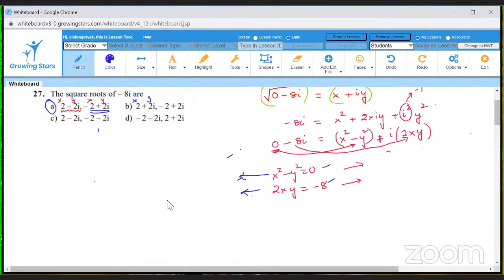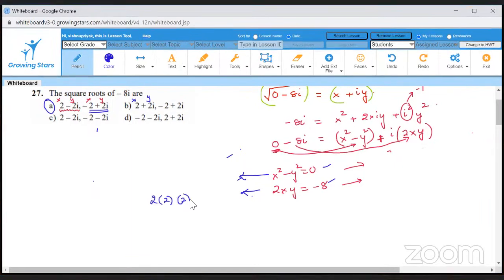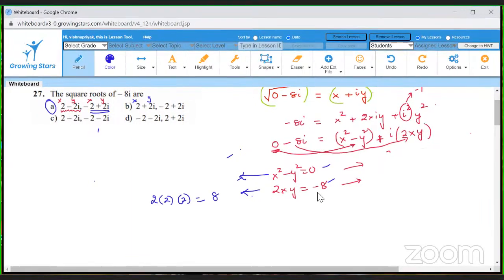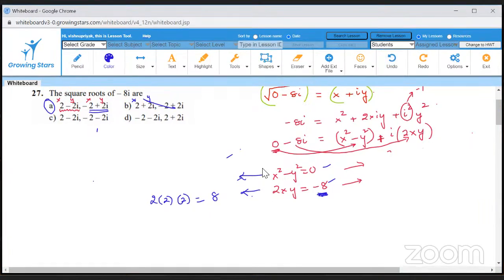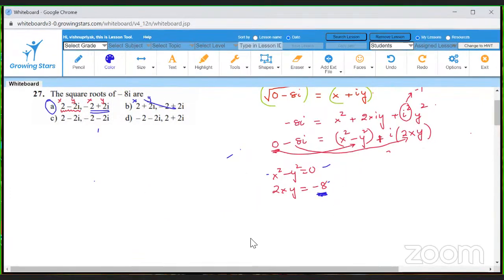So if I put x as 2, y as 2, I'm getting 8. I'm not getting minus 8. So B is wrong. Like that, remaining all I will get wrong. I need not check all those. Directly option A is correct. Like this, you can do it.